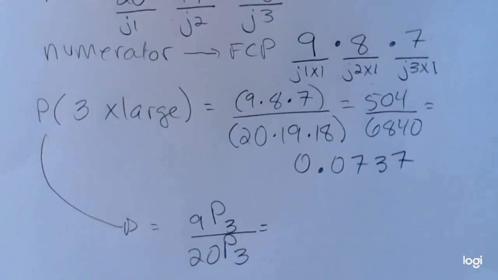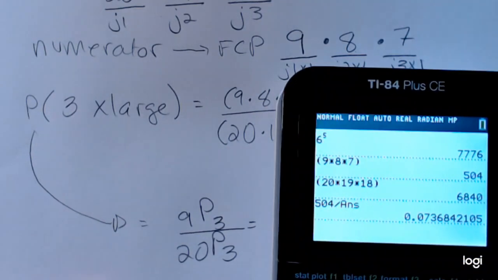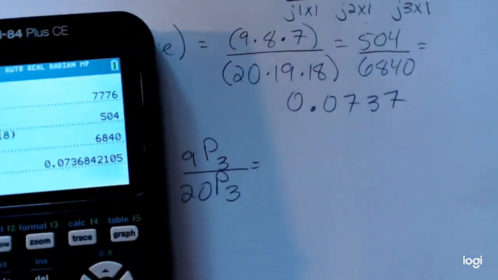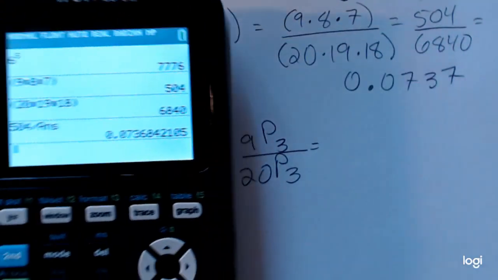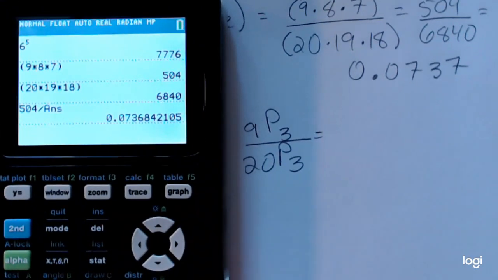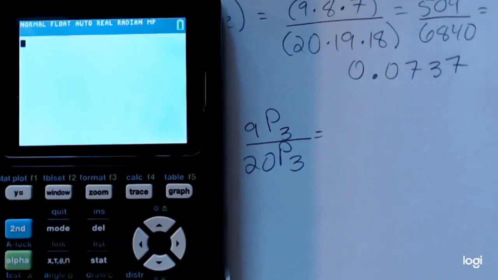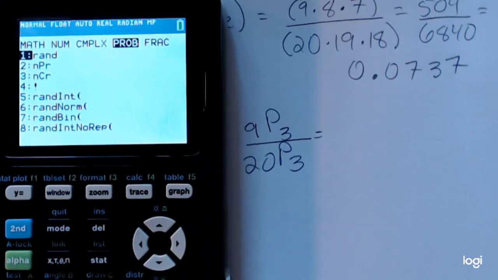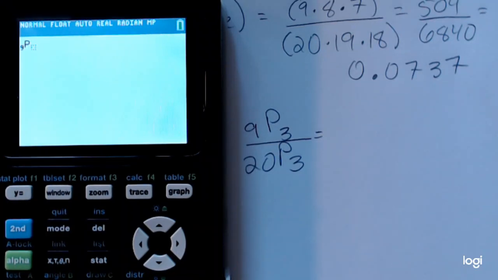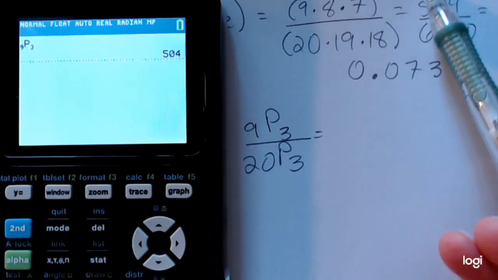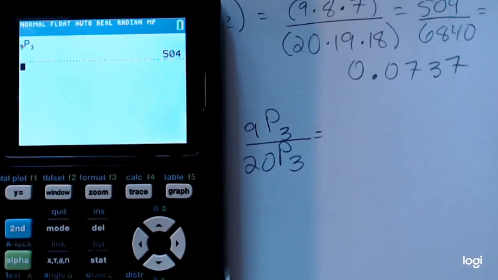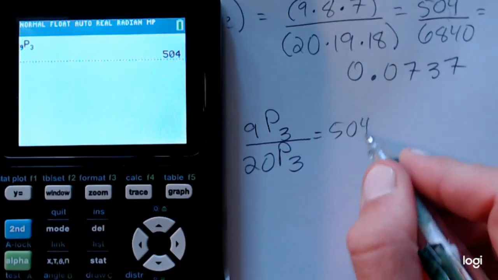If I put this into my calculator, it's going to take a couple of steps. I type 9, and I go to my math menu, right arrow to probability. Option 2 is n permute r. If I look at 9 permute 3, I get 504, which is the same numerator I got previously using the fundamental counting principle.